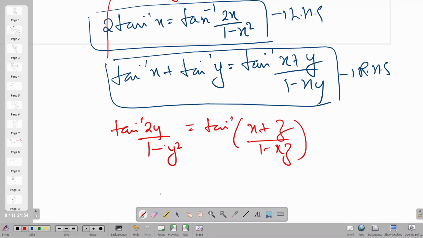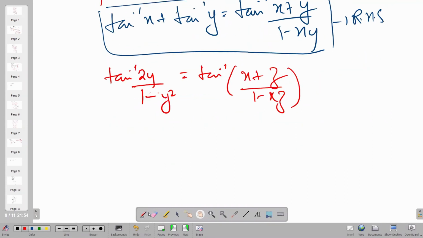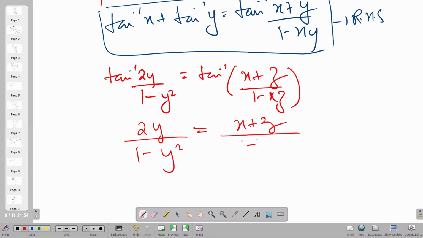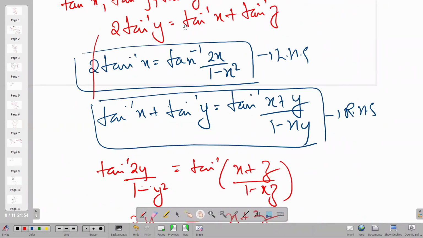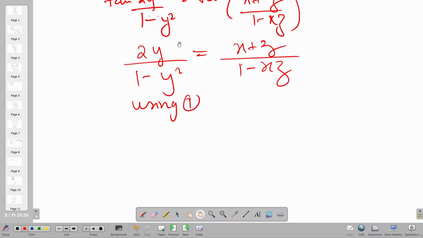And further I can write that 2y upon 1 minus y square is equal to x plus z upon 1 minus x into z. Using 1, that is 2y is equal to x plus z, I can replace this numerator of LHS by x plus z upon 1 minus y square, x plus z upon 1 minus xz.